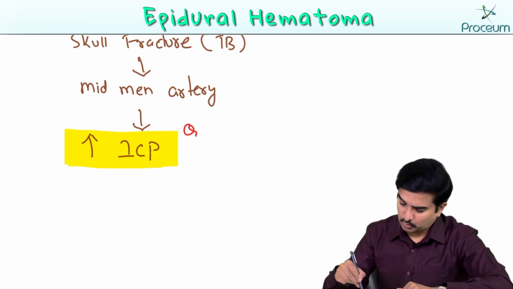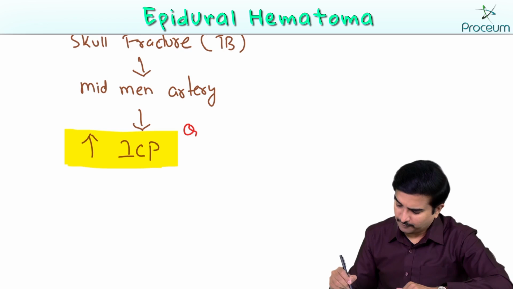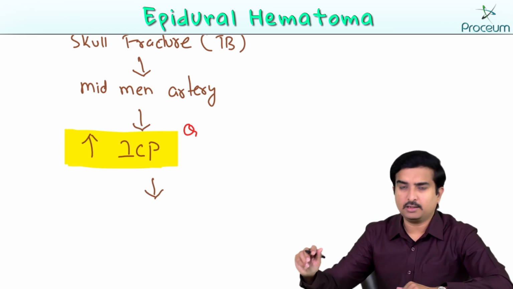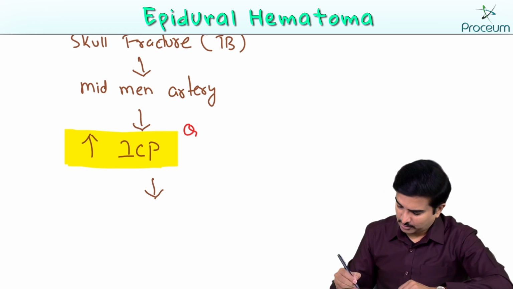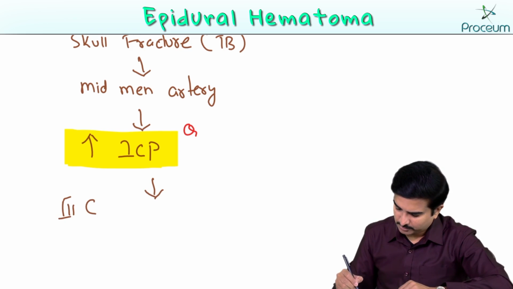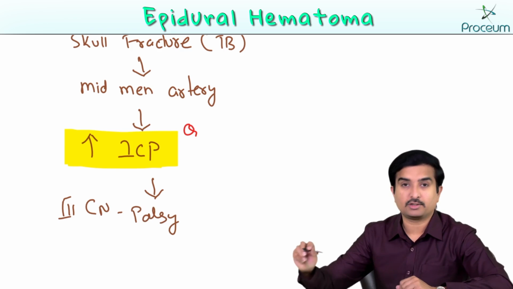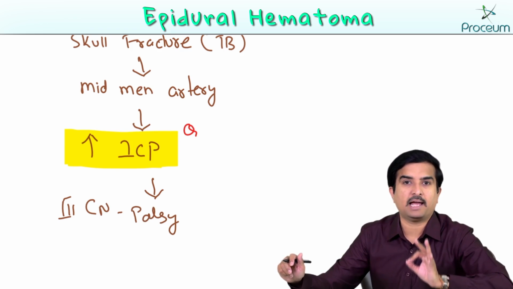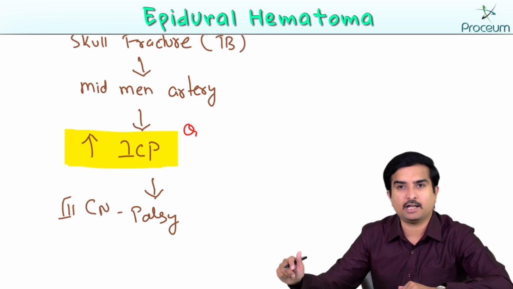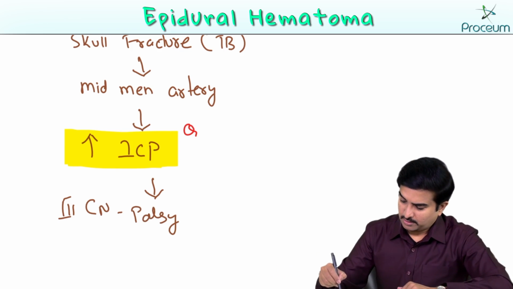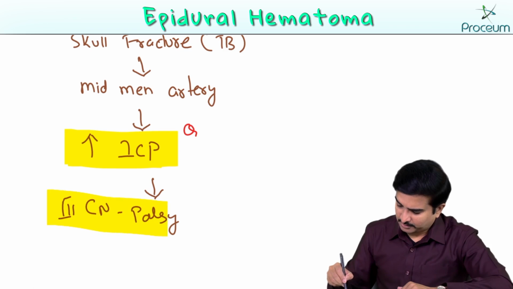What we will see over here will be third cranial nerve palsy. Concentrate on this point: third cranial nerve palsy, mainly because of the uncal herniation. So what will happen if there is a third cranial nerve palsy, guys?